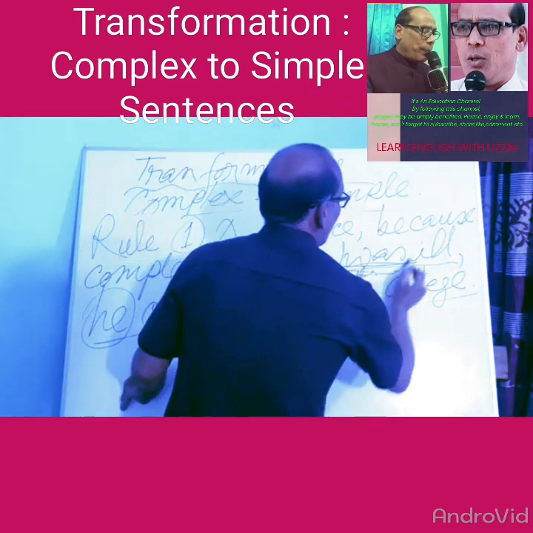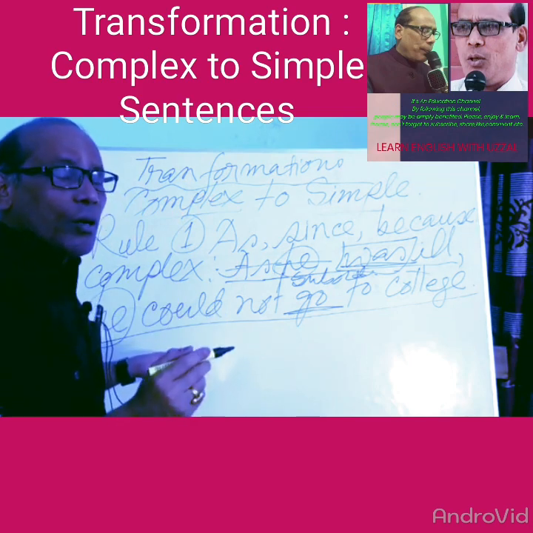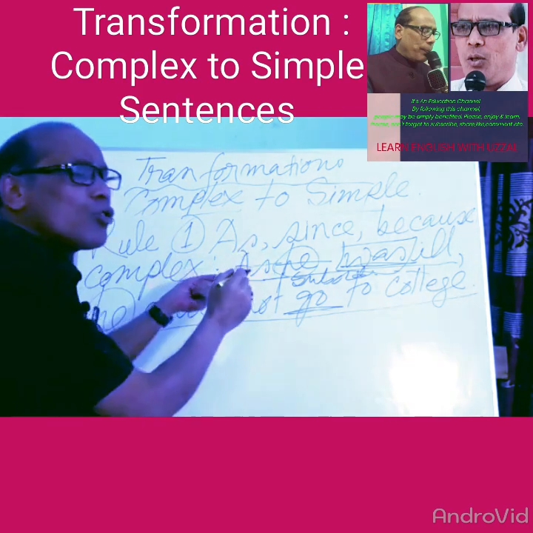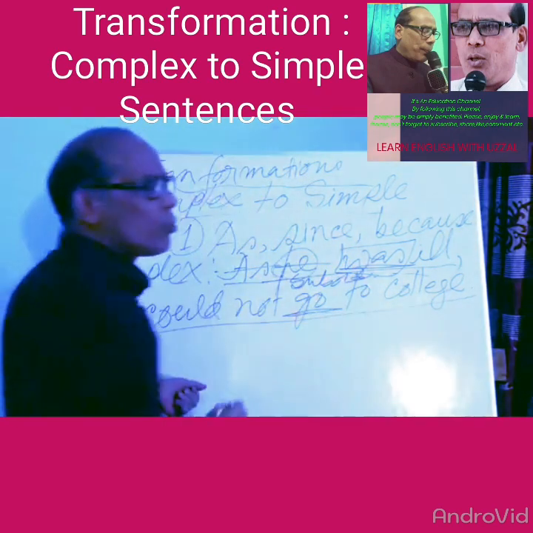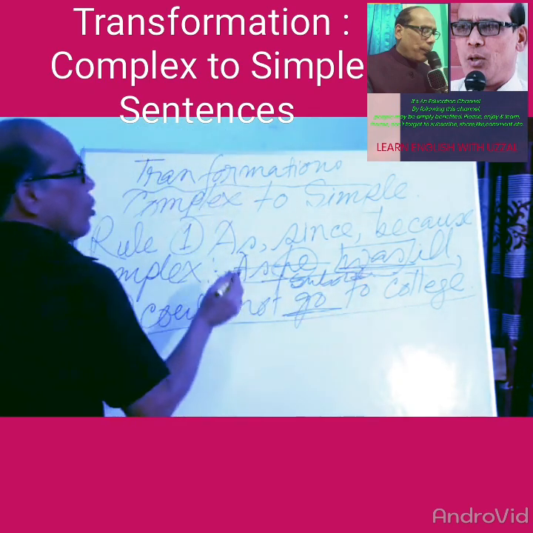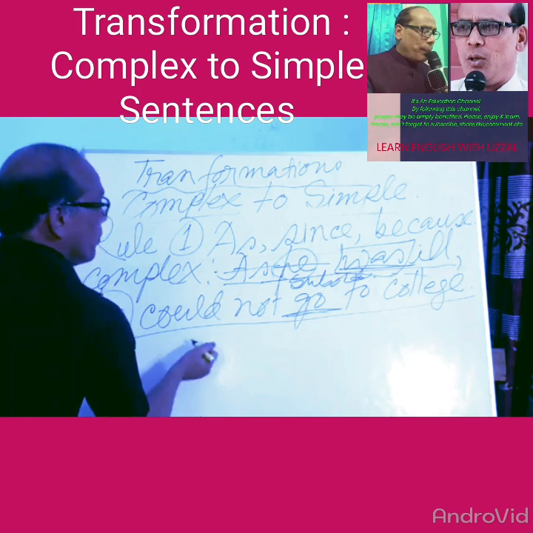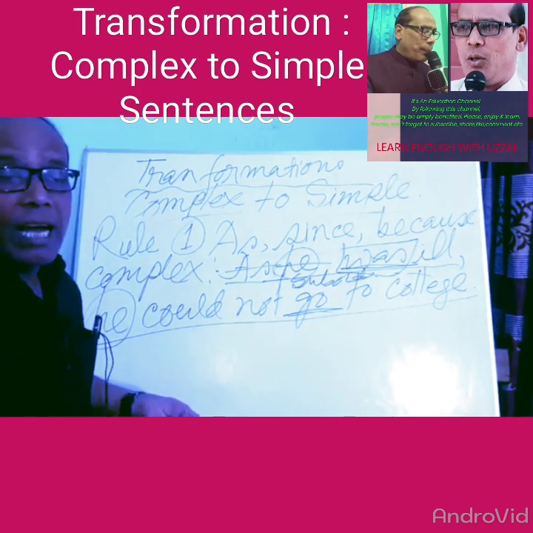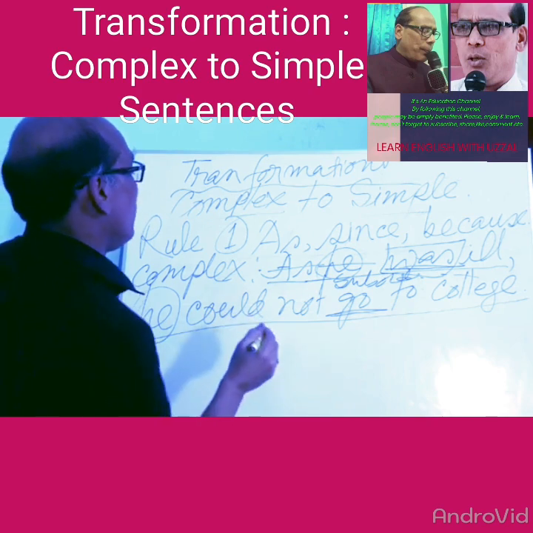Here the verb is was. So we cannot add ing to was. It would not be wasing. Rather, we'll have to find out which one is the base form of was. We know was is a to be verb. That means be. So we will have to add ing to the base form be.